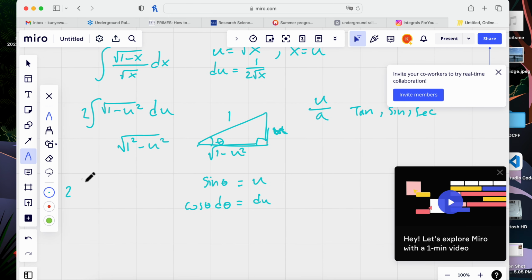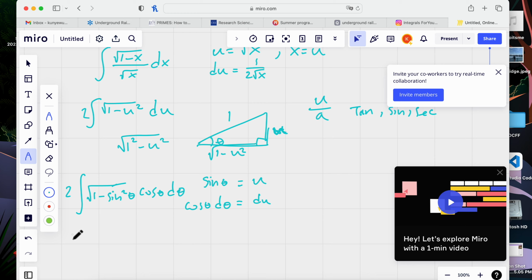Now I can replace my u squared with sine squared, 1 minus sine squared theta. Du will be replaced by cosine theta d theta. When you're integrating in terms of a specific variable, your differentials must also be the same variable.